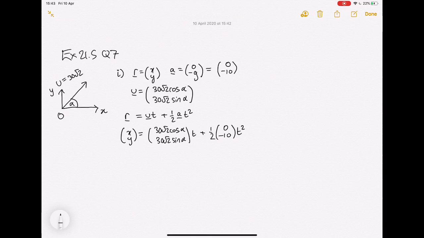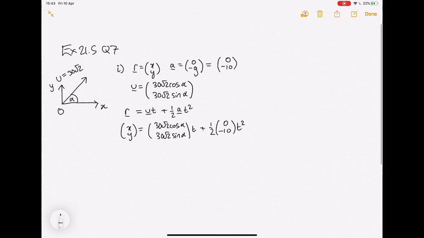Writing down equations from each component, in the horizontal component we get x equals 30 root 2 t cos alpha, and y equals 30 root 2 t sin alpha minus 5t squared.